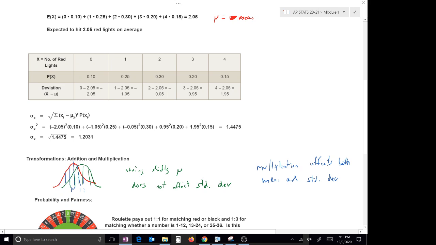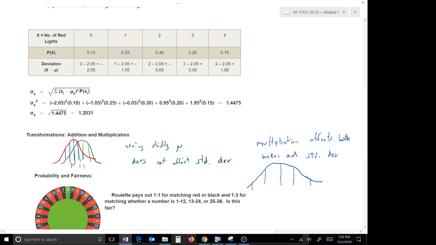Because by multiplying, if I multiplied by 3, essentially that would expand out my normal distribution and would shift my mean. So both things would get shifted. Okay? All right.